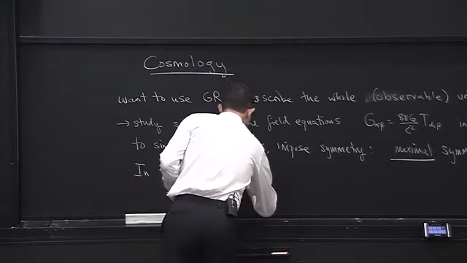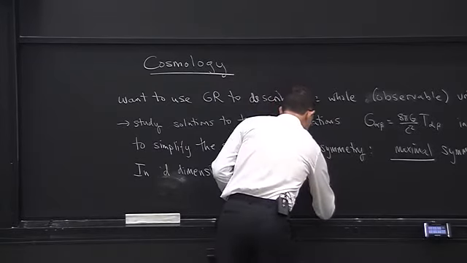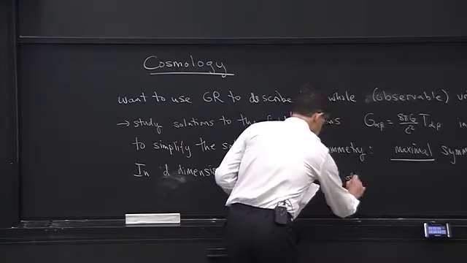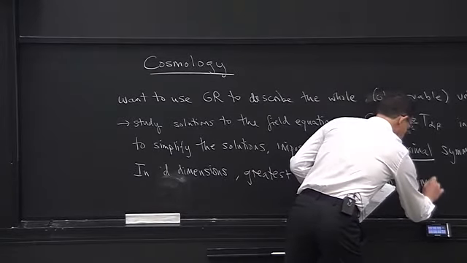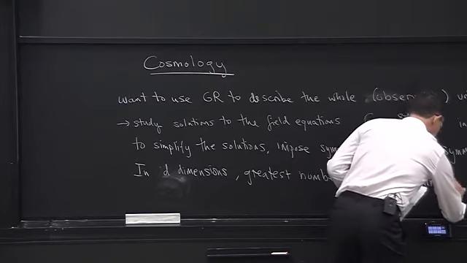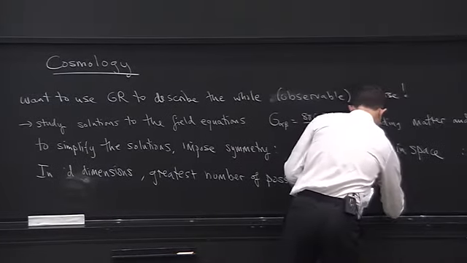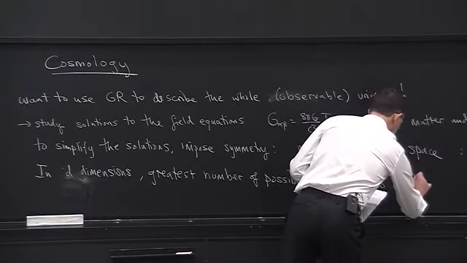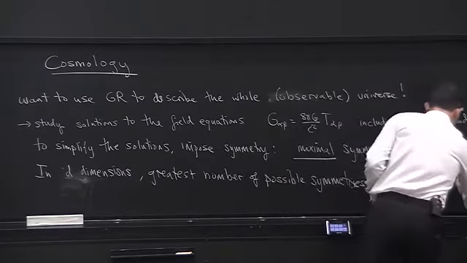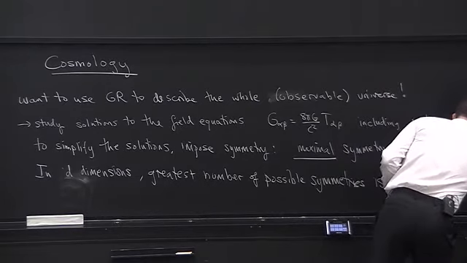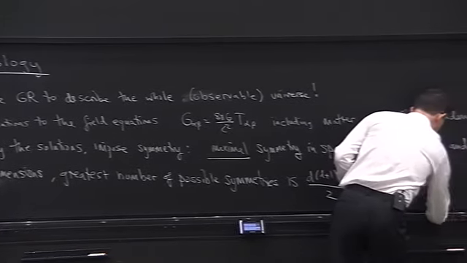In d dimensions, the greatest number of possible symmetries of a manifold with a metric is d(d+1)/2. Okay, so in d equals 3, there are 6 symmetries.